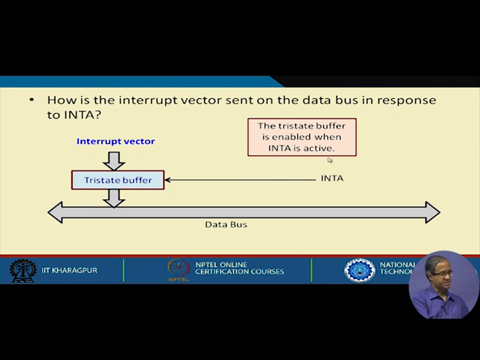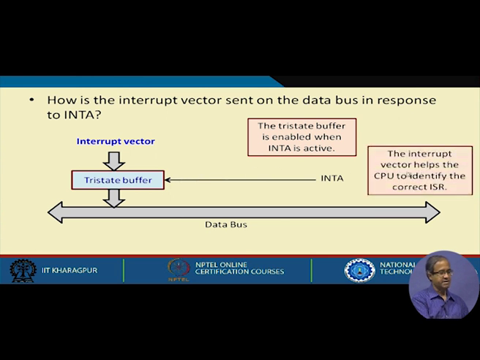So, this is what I said, this gets activated when INTA is active, and the interrupt vector which is pushed on the data bus can be read by the CPU. This will help the CPU to identify which device had interrupted, and accordingly it can identify the correct interrupt service routine.